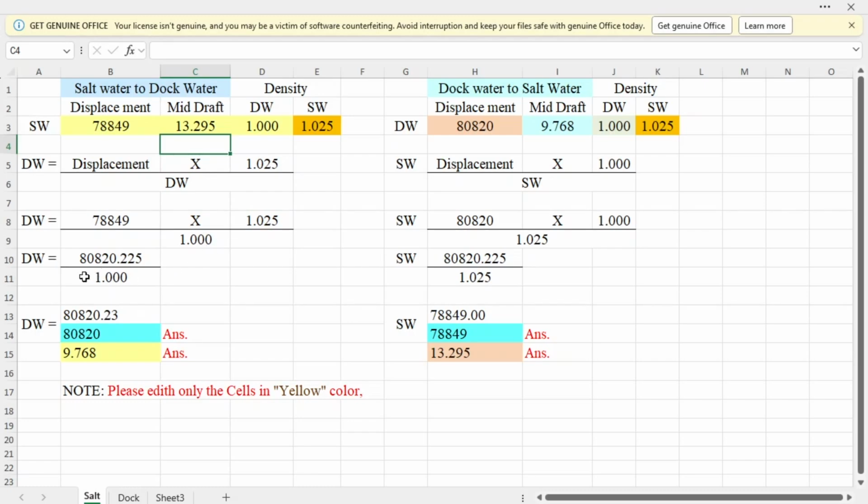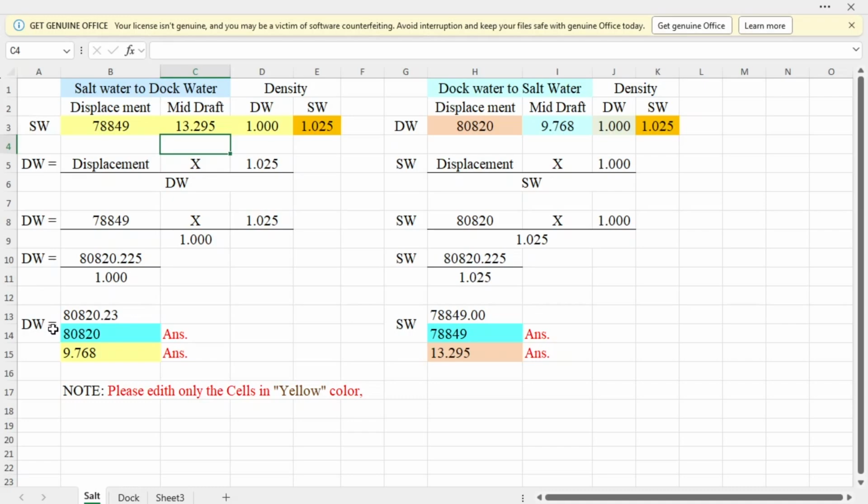That will be 80820.225 over 1. So your dock water displacement will be 80820.23, or 80820. This will be your displacement when you are floating in fresh water of 1.00.